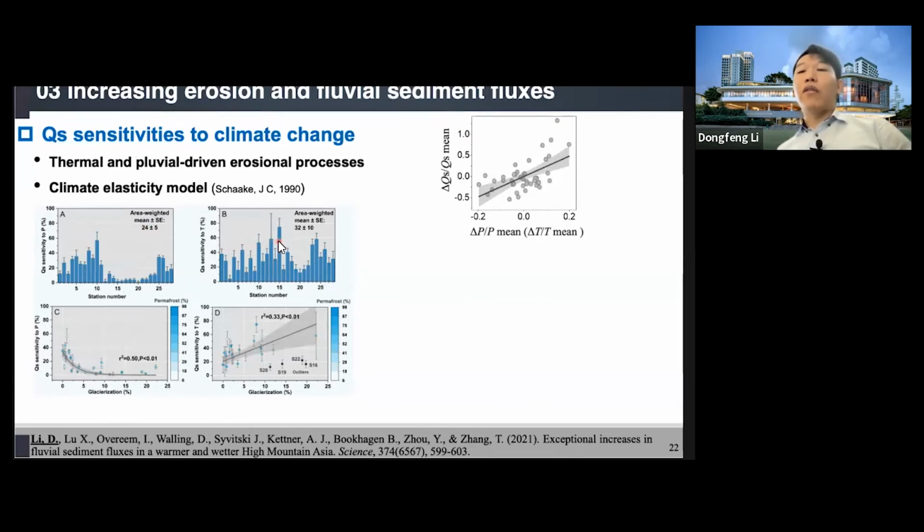And for every 1 degree increase in air temperature, it can result in a 32% increase of river sediment. Interestingly, we found that for a river basin with more glaciers, which means the glacier coverage is larger, the sediment flux is more sensitive to temperature warming.